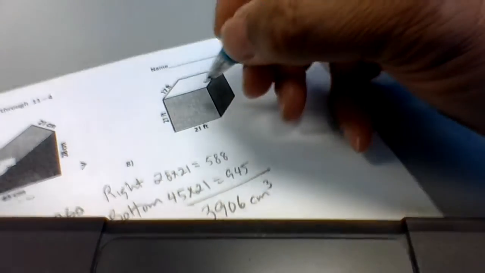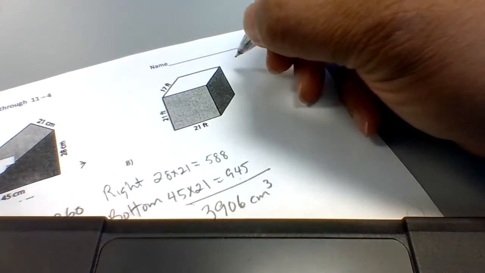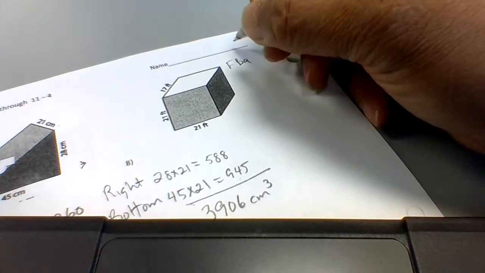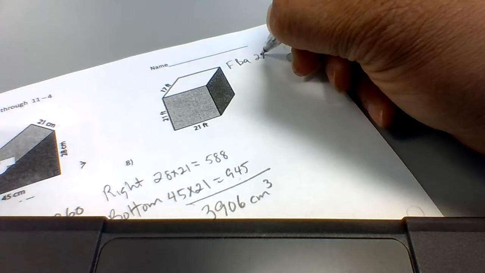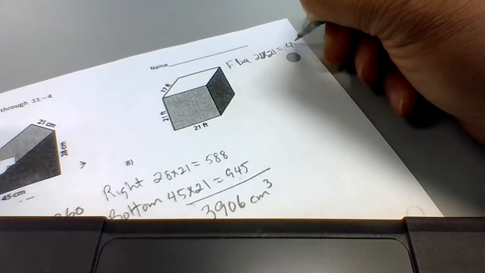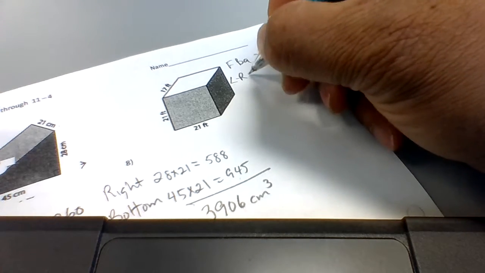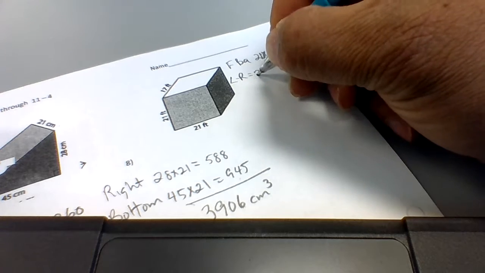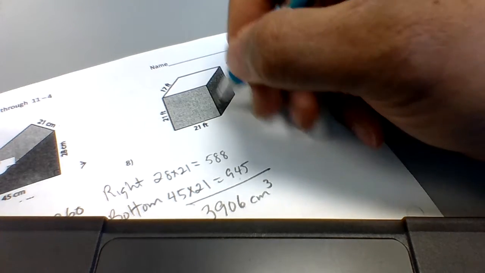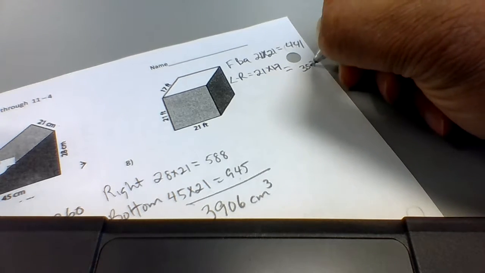Problem number 8. I have a cube. Well, I have a rectangular prism again. The front and back is going to be 21 by 21, which is going to be 441. And then the left and right is going to be 21 by 17, 17 and 21, which is going to give me 357.